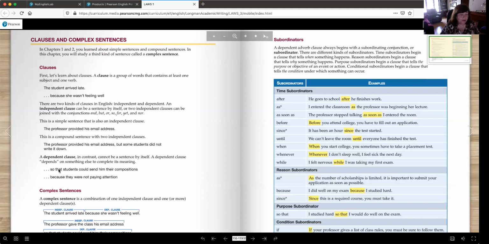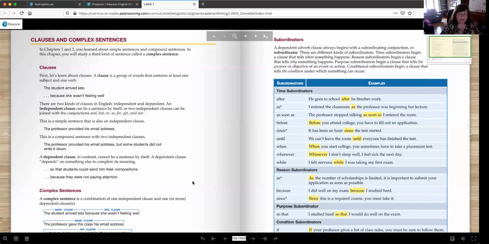You notice here, if we took out the words so and that, we would only have students could send him their compositions. That would be a complete sentence. But by putting these words in, now it is no longer a complete sentence by itself. And here's another one. Because they were not paying attention, this is also a dependent clause. It needs more words to make it make sense, all right?